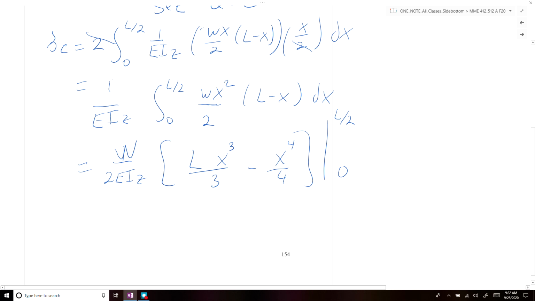Okay, so if we evaluate the bounds of our integral, we get w over 2EIz times L over 3 times L over 2 cubed, which would be L cubed over 8, minus 1/4 times L over 2 to the 4th, which would be L to the 4th over 16.